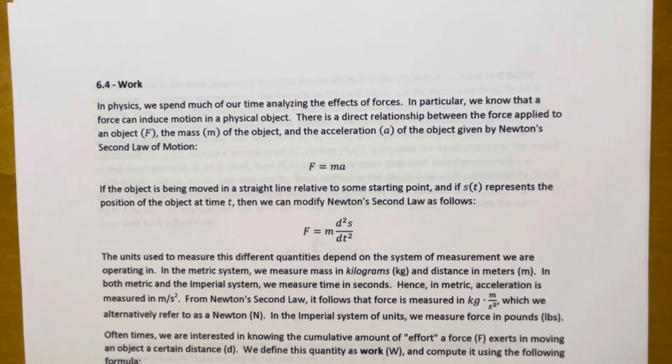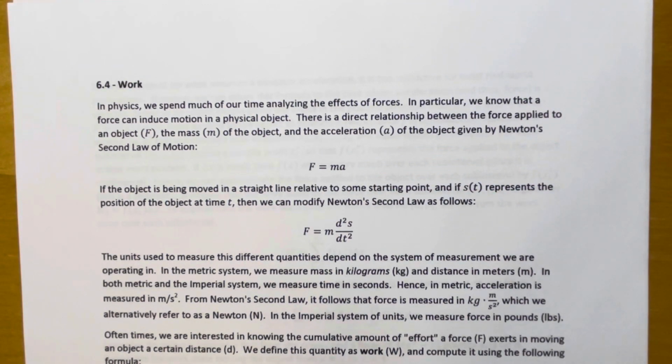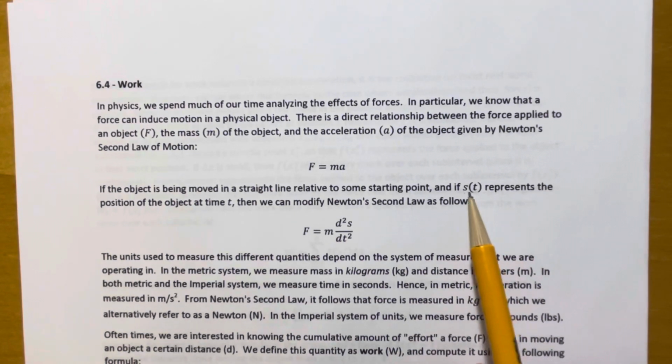Okay? Now, because this is Calculus 2 and you've already been through Calculus 1, we can be a little bit more specific with this little formula here. If we recall that the acceleration function is the second derivative of a position function, or a little bit more specifically, if you have an object that's being moved in a straight line relative to some starting point, and if we let s of t represent the position on that line of your object at whatever time t is, then the acceleration of that object is the second derivative of this function here.